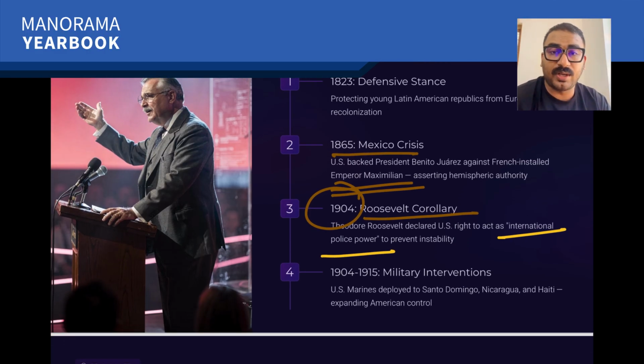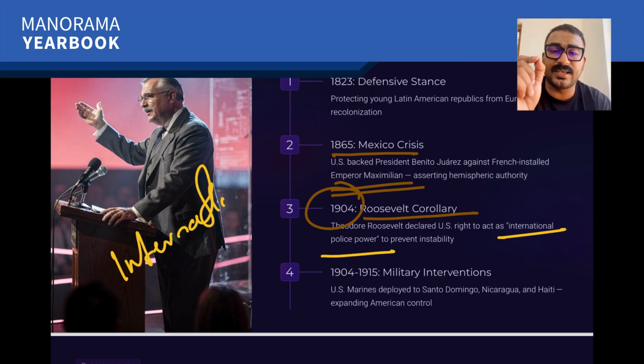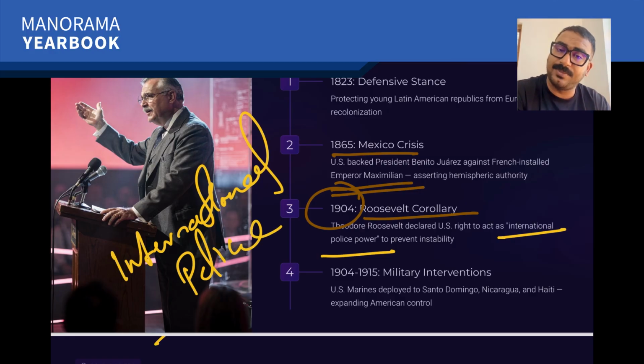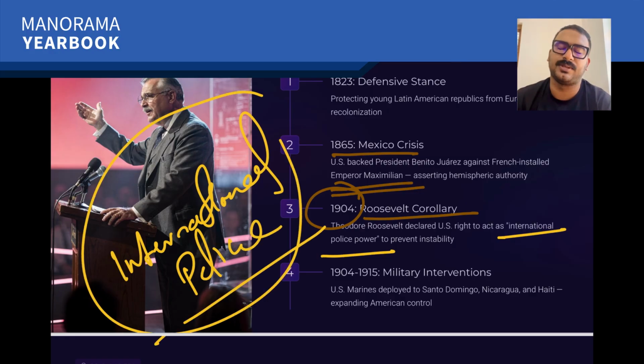Here, Roosevelt responded with what became known as the Roosevelt Corollary to the Monroe Doctrine. He declared that the United States had the right to act as an international police power in the Western Hemisphere to prevent instability or chronic wrongdoing.